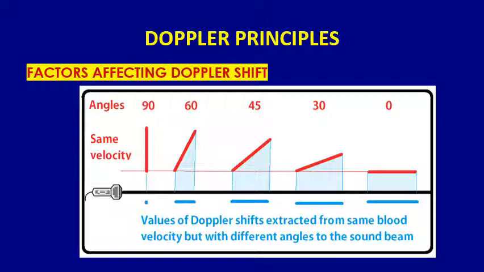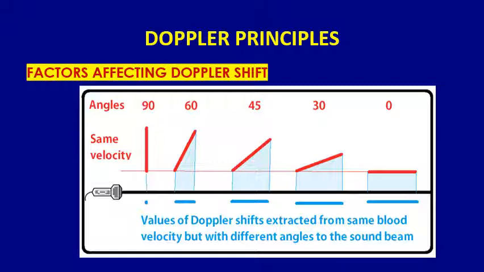And as we see here, I want to explain something in short in this diagram. For example, let's take the angle 60, because this is the commonest one we use. If I'm having the angle 60, what happened? The Doppler shift is 50%. So 50% of this velocity is obtained as a Doppler shift. So will this 50% be the display of the velocity in the Doppler spectrum waveform or in the color?